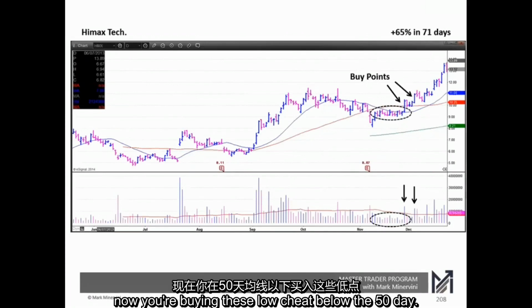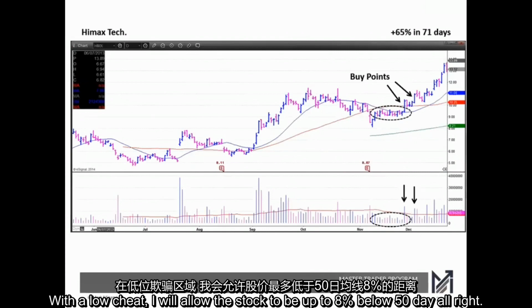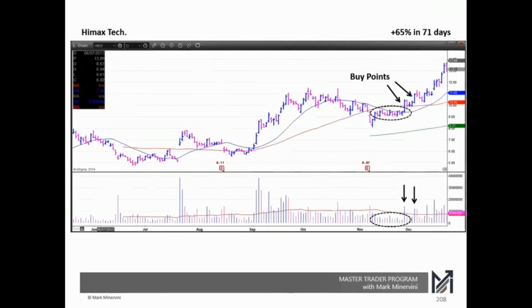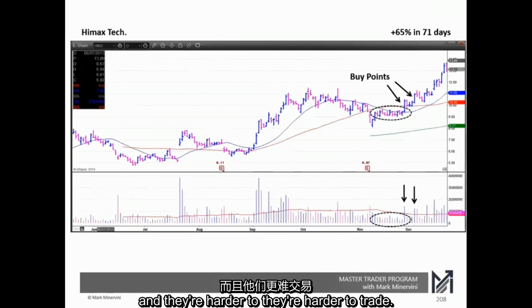Now you're buying this low cheat below the 50-day. Okay, so with a low cheat, I will allow the stock to be up to 8% below a 50-day. And again, this is why the probability comes down on it. The probability is a little less on a low cheat, and they're harder to trade.